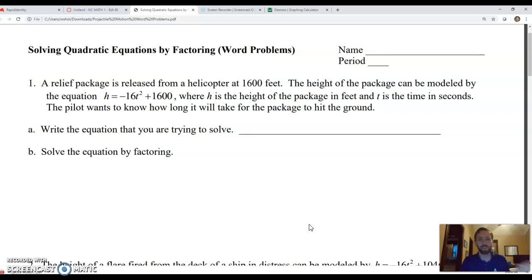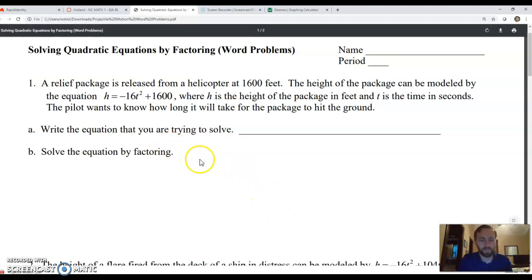So before we do that, I've drawn a little picture here so you can understand what's going on. You'll notice that this 1,600 is the y-intercept. So this is where the helicopter would be when the relief package is dropped out of the helicopter.